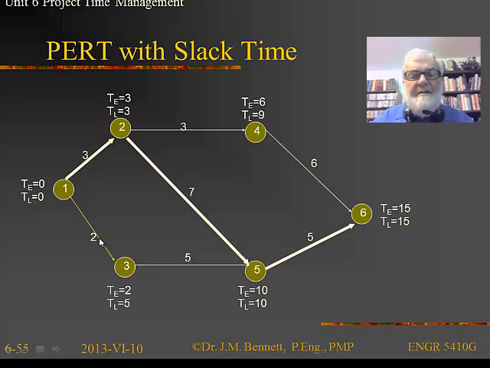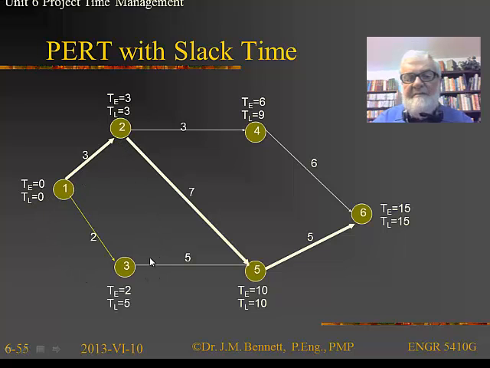Now if we take a look at activity 3 here, the earliest start is going to be 2, because I can start that immediately after I've got 2 units done. I can also delay that till time 5, because it's only going to take me 5 time units to get through to here. I've got 10 time units to get through to here on the critical path.